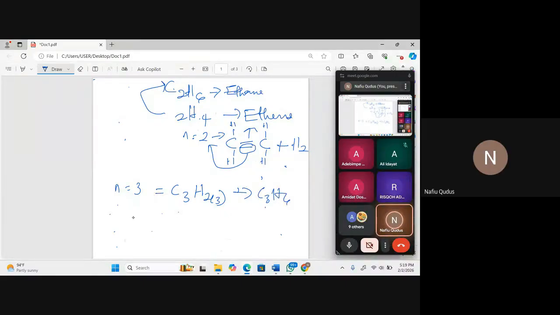The next one, when n equals 4, what are we going to have? C4H8. The next one will be C5H10, and so on and so forth. Are we together?